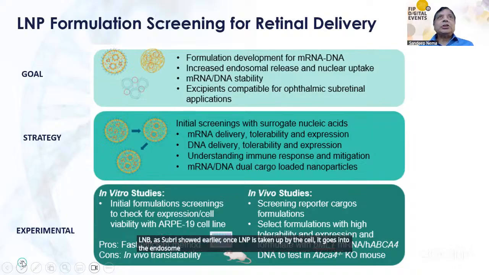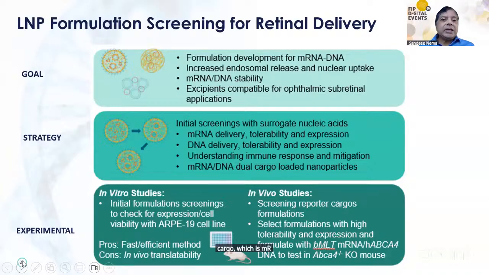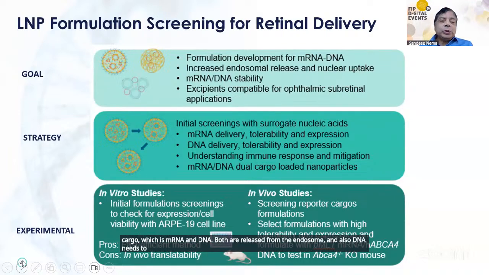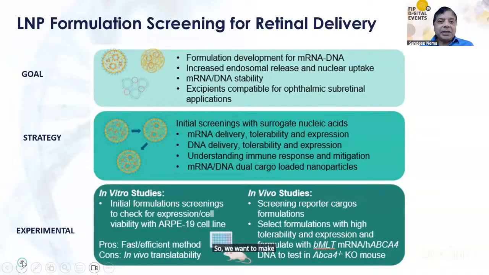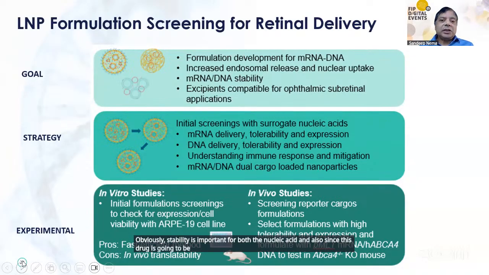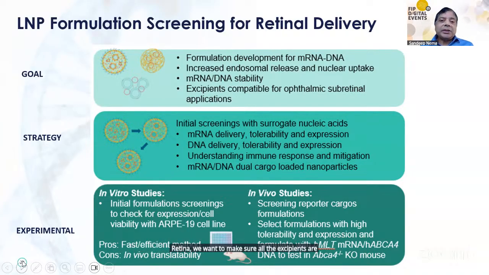So you want to make sure that the cargo, which is mRNA and DNA, are both released from the endosome. And also DNA needs to move into the nucleus where it can get integrated. So we want to make sure that is happening. Obviously, stability is important for both the nucleic acids, and since this drug is going to be delivered into the retina, we want to make sure all the excipients are compatible with the subretinal application.